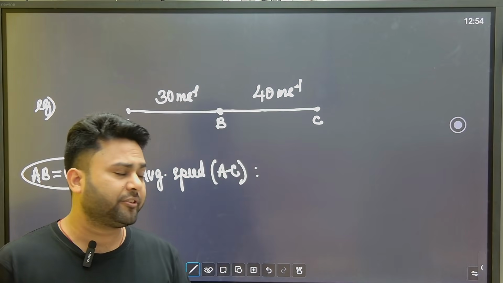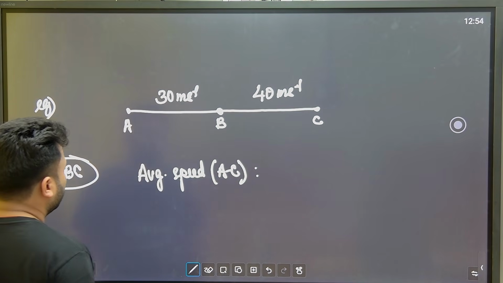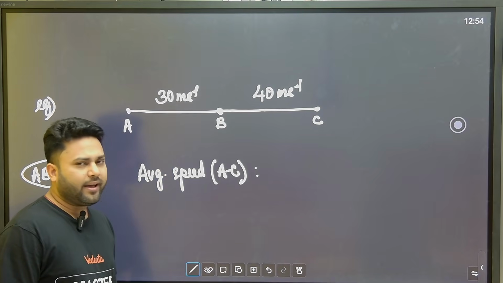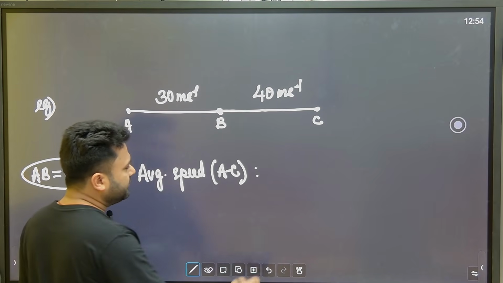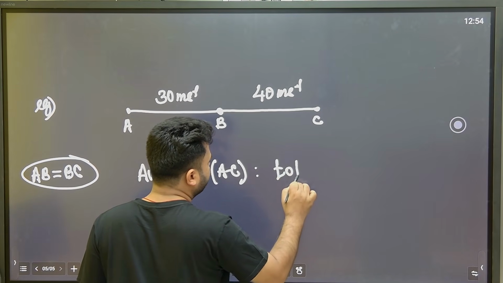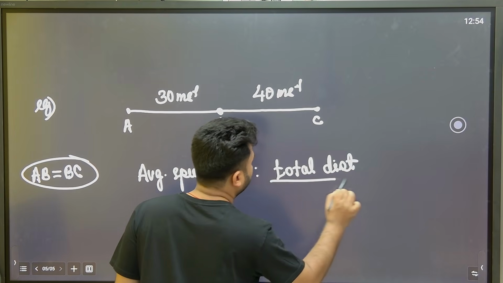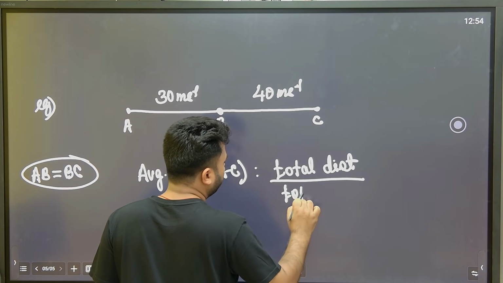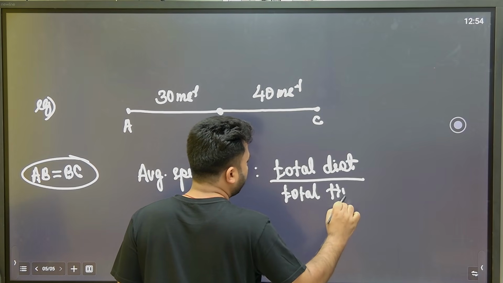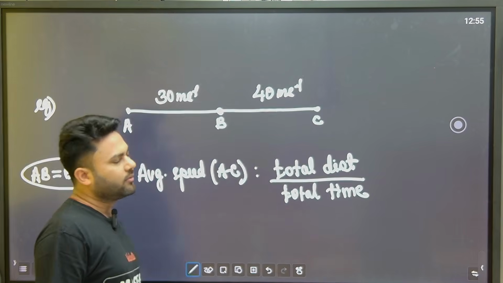What will be the average speed? So we will apply the formula. Average speed is total distance by total time. Correct?